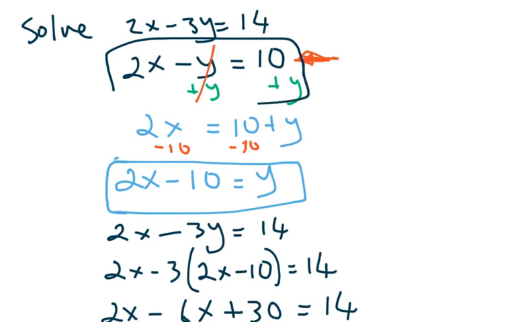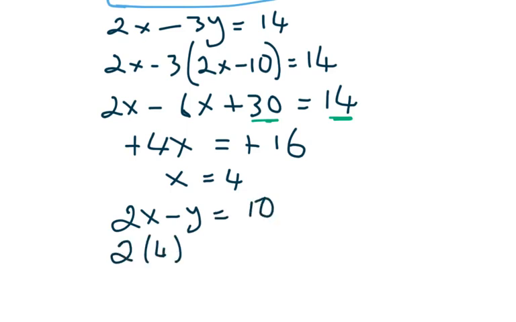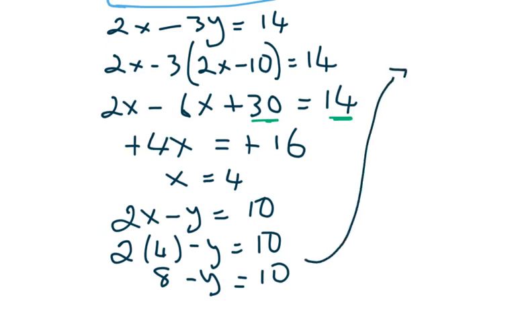So 2x minus y is equal to 10. 2 times 4 minus y is equal to 10. 8 minus y is equal to 10. Let's go up here and finish this off.